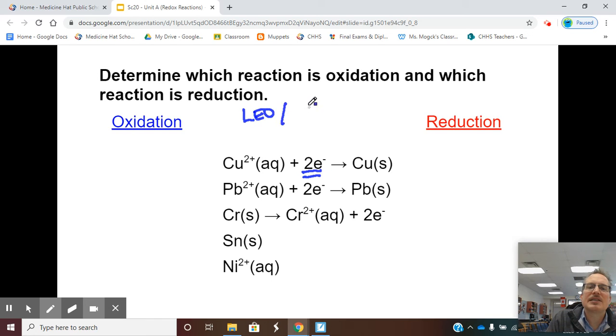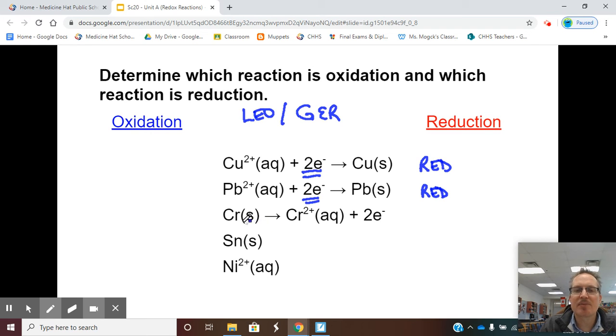Leo the lion says grr. So we are on the left-hand side gaining the electrons. If we are gaining electrons, that makes this reduction. Let's look at the second example. Pb2 positive plus 2 electrons. Again, we are gaining electrons. Gaining electrons will be reduction.